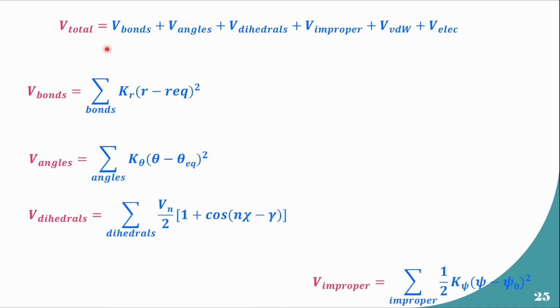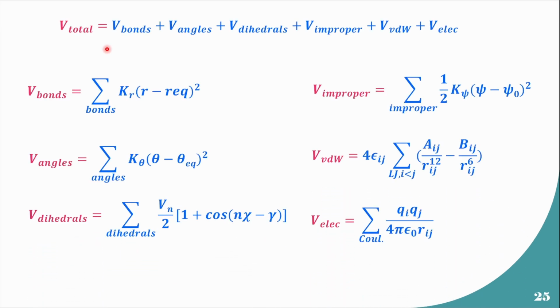In terms of the different potentials in force fields, you see that V total can be classified into V bonds, the potential for bonds, then angles, dihedrals, the improper, and then van der Waals, electrostatic, and so on. The bonded potential looks like this. In the angles, the coordinate vector is replaced by the angle terms.